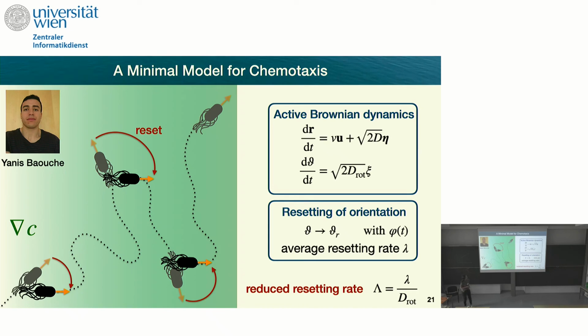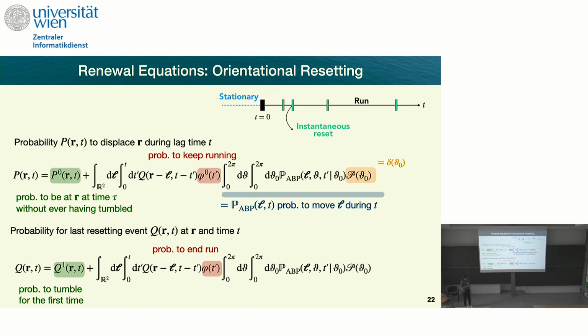Okay. Now for this model, we can reformulate this again in terms of renewal equations, which I've shown you before, but now we have to take into account a bit more carefully the angular dependence of these equations. You see they look fairly similar apart from this term, which now includes a probability of the angle after a tumbling event.